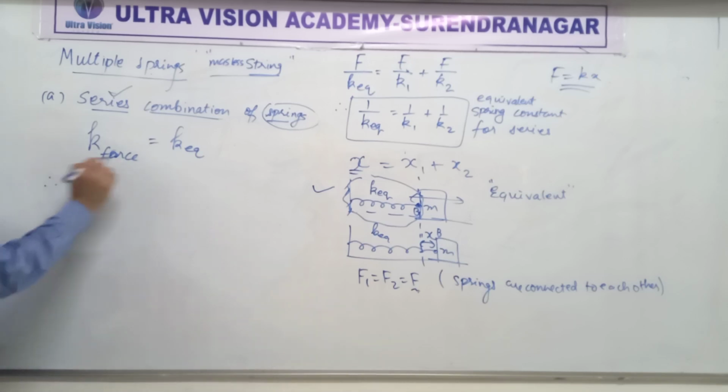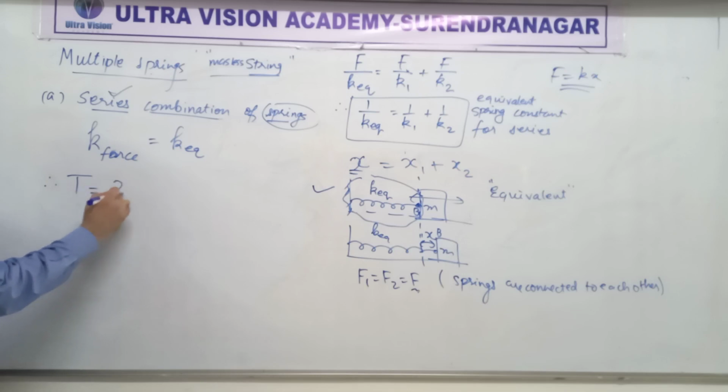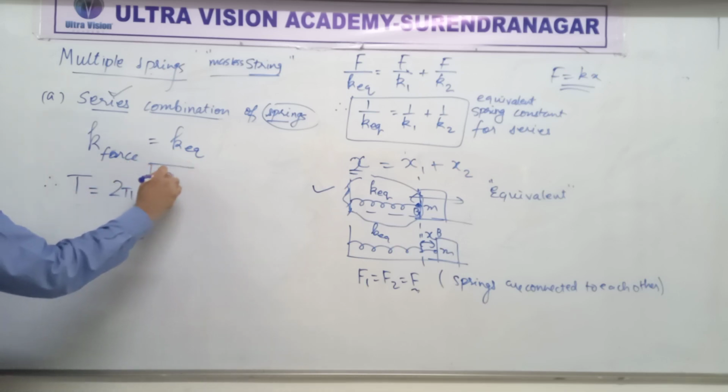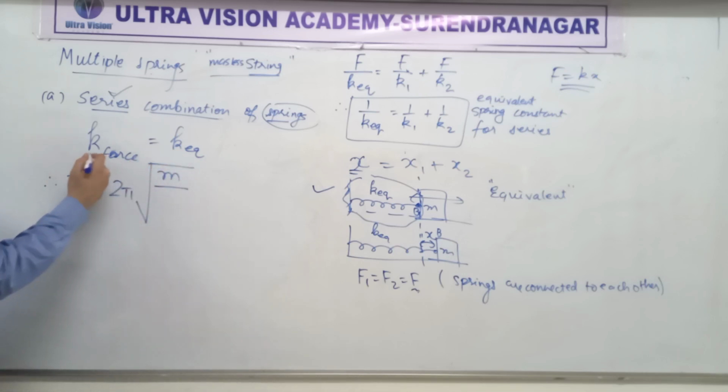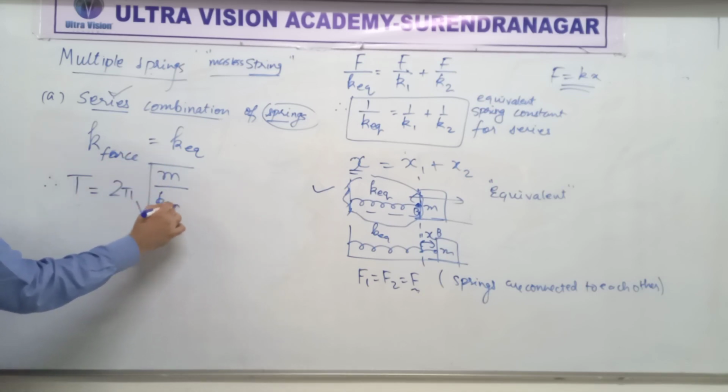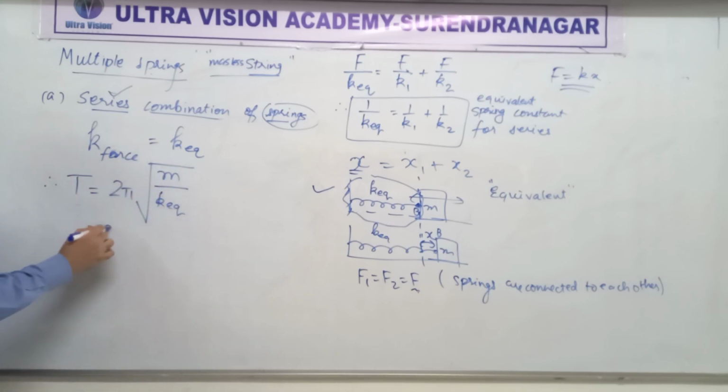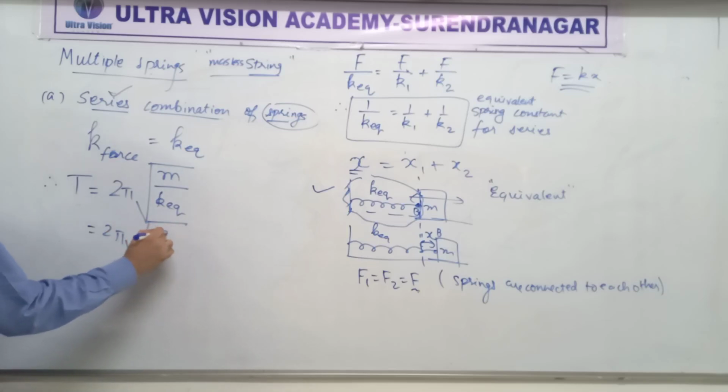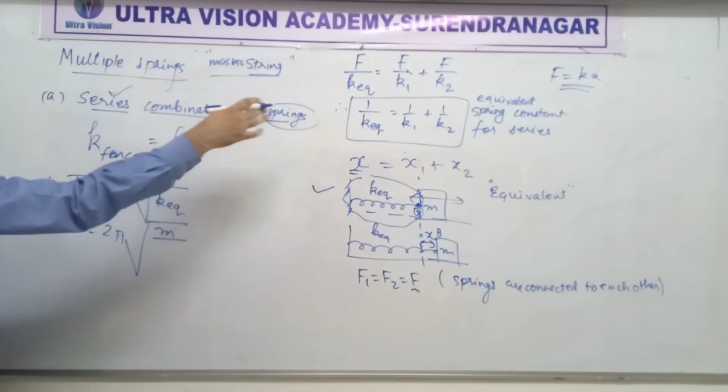So, therefore, the time period of oscillation is 2 pi under root m by force constant. But the force constant is the same as the equivalent K, so that is equal to 2 pi under root m by K equivalent. Here, if you want, you can just multiply that.